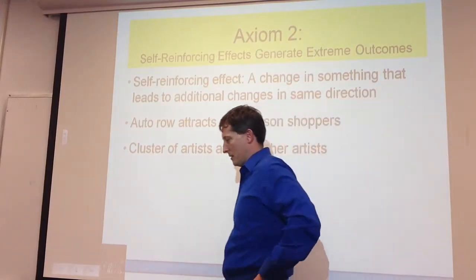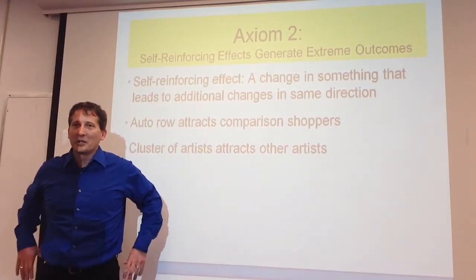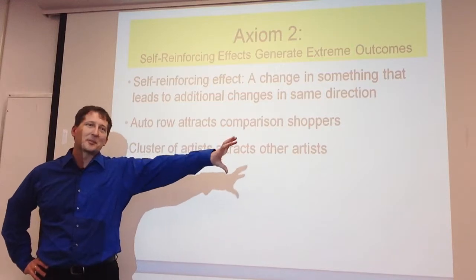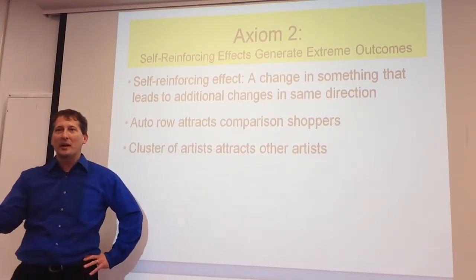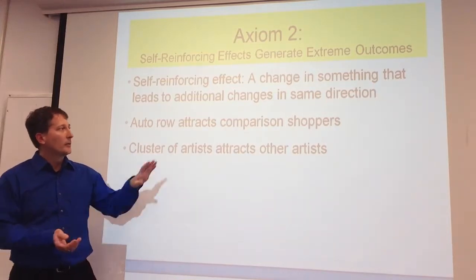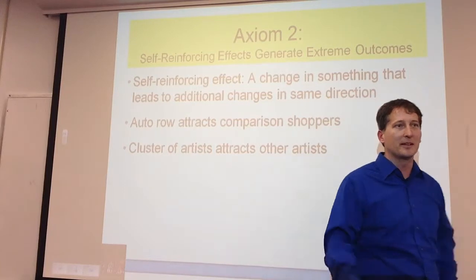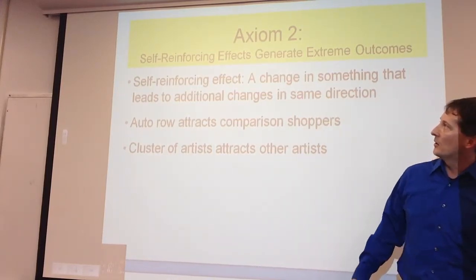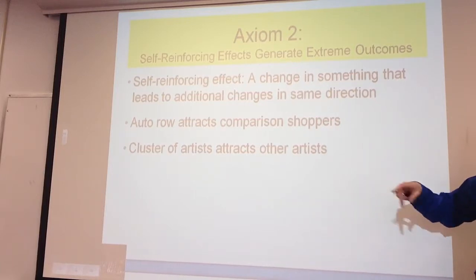We used to have this strip in Des Moines called the Miracle Mile, and all the car dealerships were lined up on it, which may seem weird. Why do they do that? Well, when people shop for a car, they usually shop around. They don't just stop into one place.